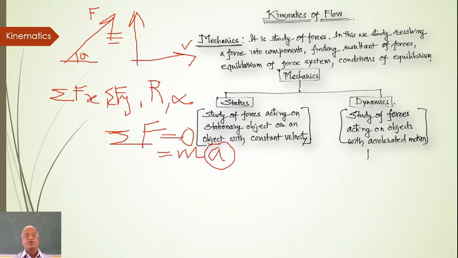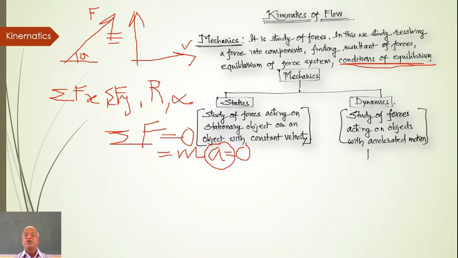So if the force system is leading to equilibrium, and if the object is still in motion, then obviously we say that a is equal to 0, that is constant velocity motion. So in both the cases, if the body is not moving or if the body is moving with a constant velocity, it is the domain of statics, where conditions of equilibrium are valid.